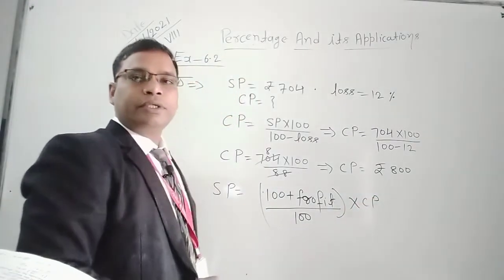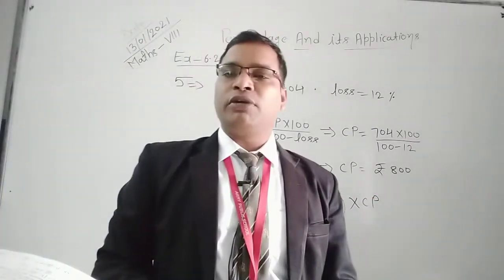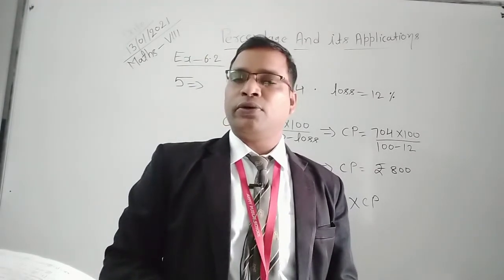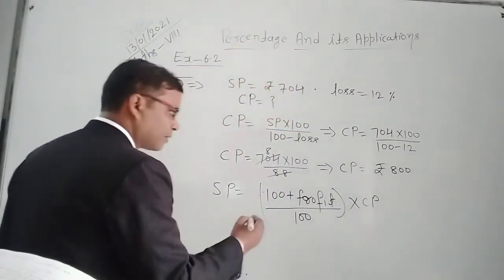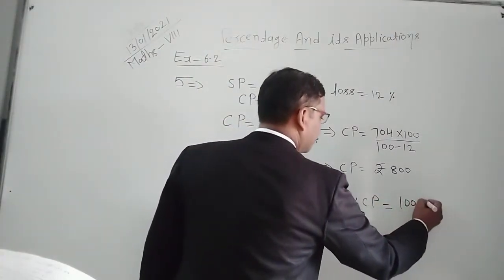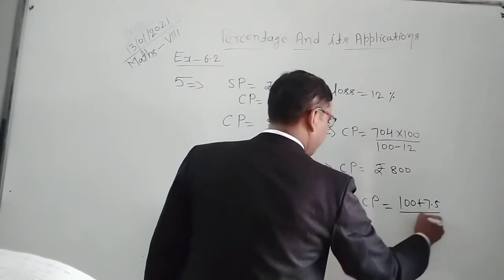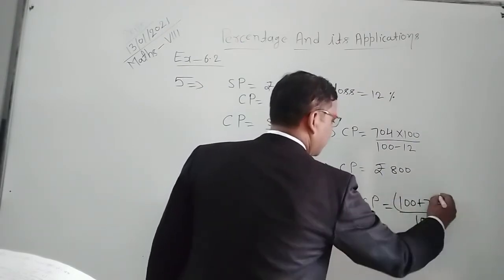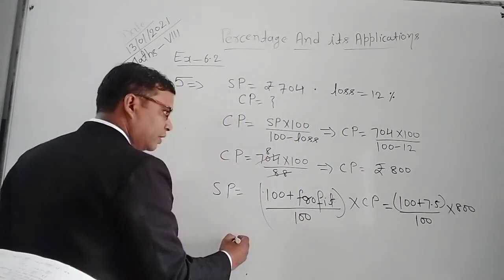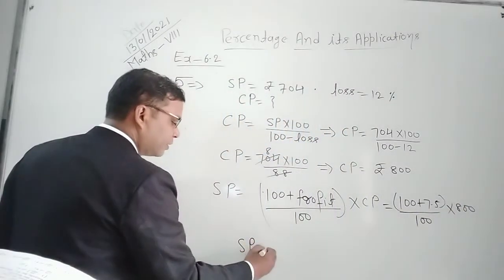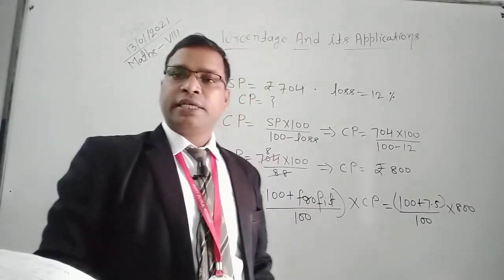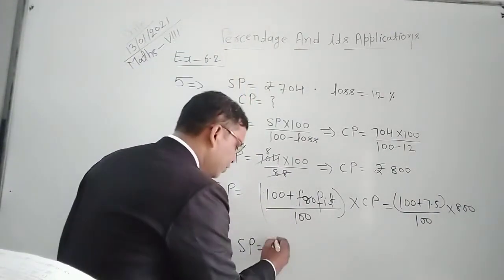Okay, so here profit is given 7.5, and the cost price we found here is 800 rupees. So if you put it, it is equal to 100 plus 7.5 by 100 into 800. Clear? If you calculate them, then you get selling price of the bag is 860 rupees.